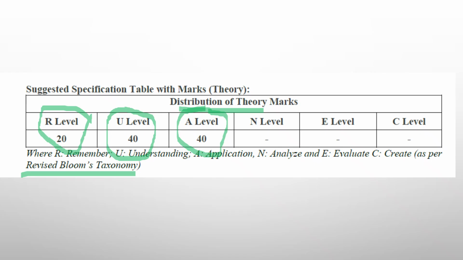R stands for remember, U stands for understanding, and A stands for application. There is no higher level at the first level. So when your university exam paper is prepared, it contains almost 20% questions related to remembrance level, 40% questions related to understanding level, and 40% questions related to application level out of the total marks.